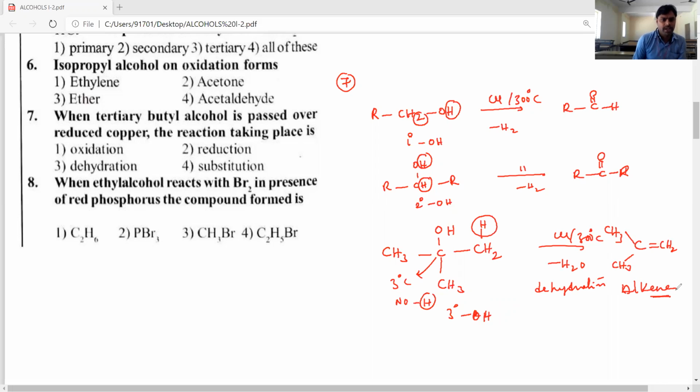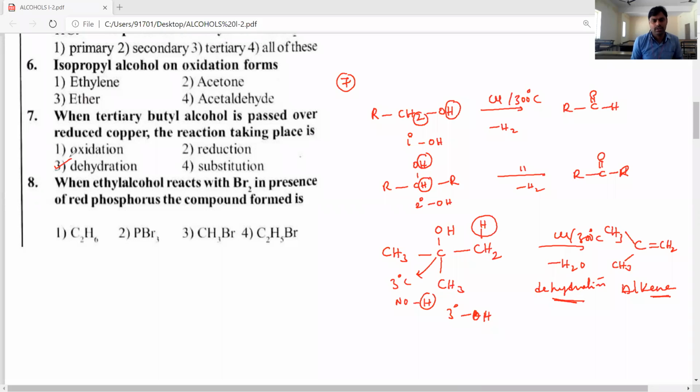So when tertiary butyl alcohol is passed over copper metal at 300 degrees centigrade, what type of reaction will take place? It's not oxidation. The first ones, primary and secondary, are oxidation, but tertiary is dehydration, loss of a water molecule, converting into alkenes.